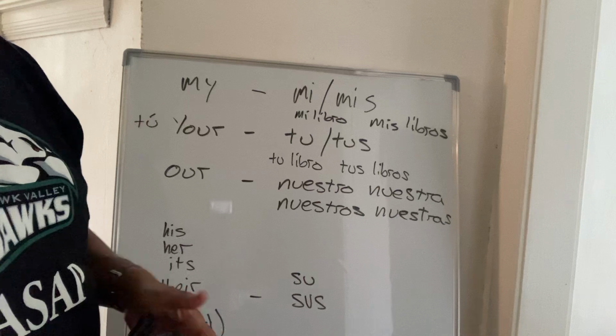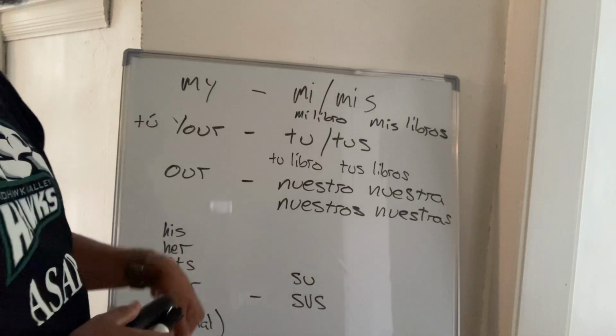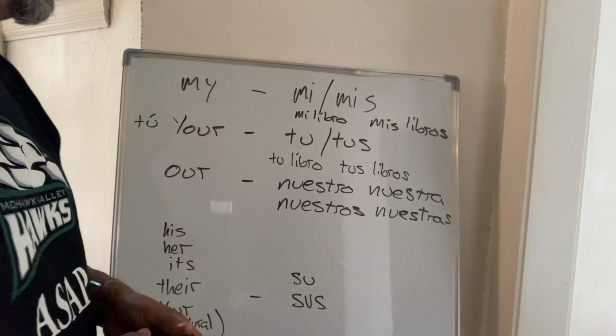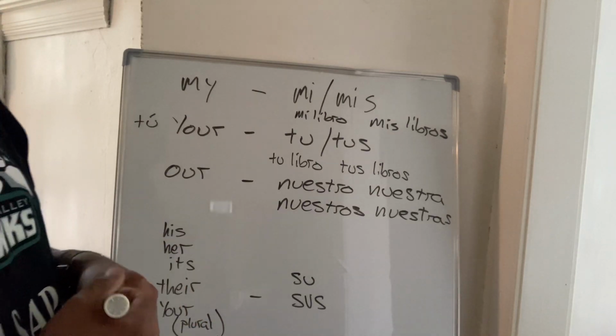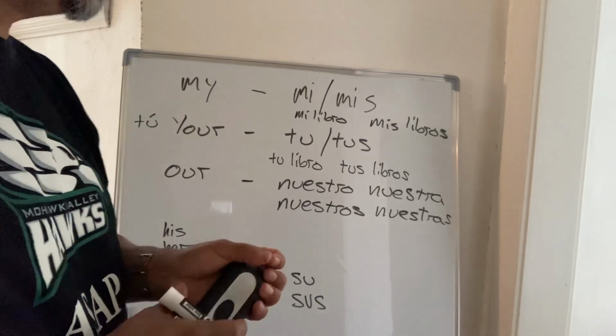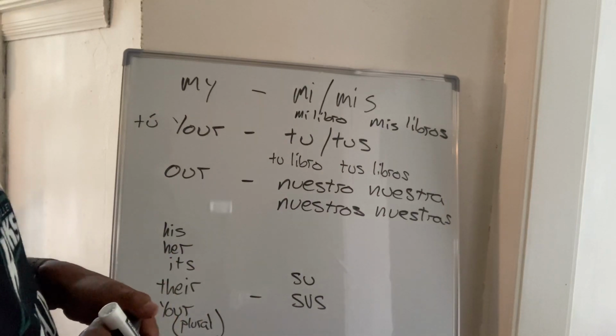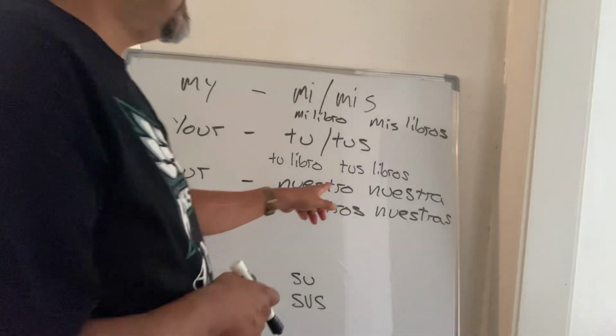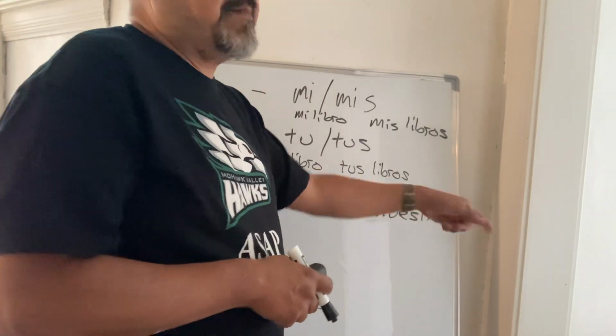Now we get to one of the harder ones, and that is our. If it's you and someone else, when it's we, or in Español, nosotros, not only are you taking into account singular and plural, but also masculine and feminine.